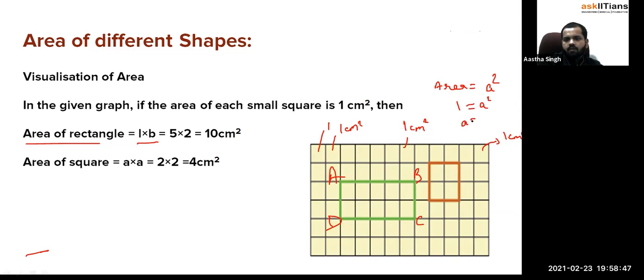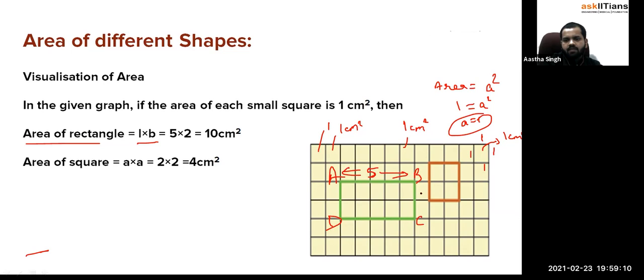So A will be equal to 1. So each has side 1. So basically, your AB distance will be found by counting the length of each small square: 1, 2, 3, 4, 5. 5 length, right? So your AB will be equal to 5 centimeter.